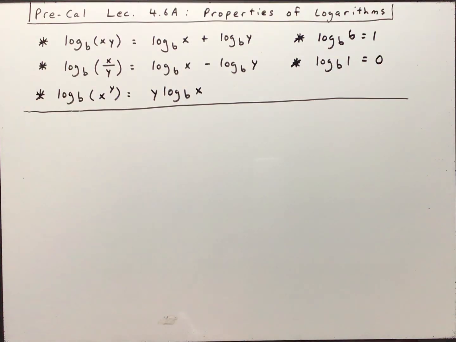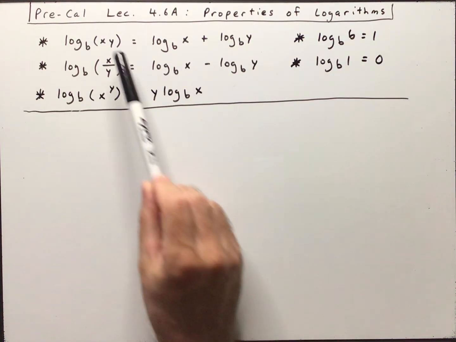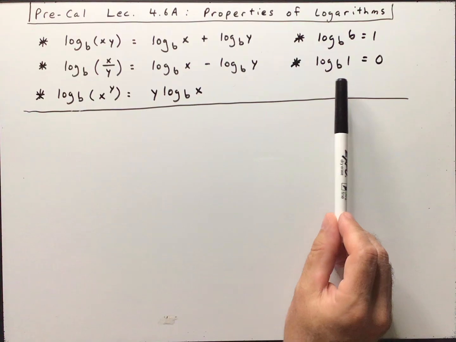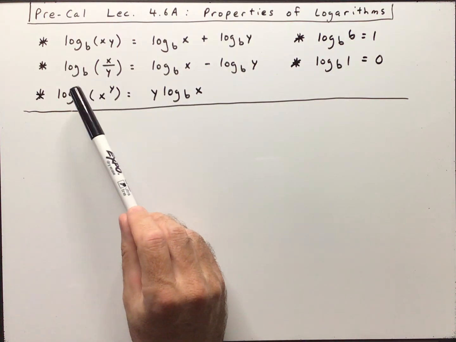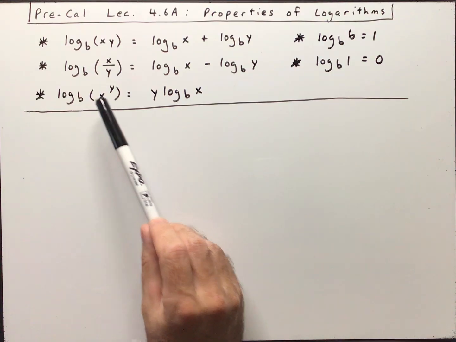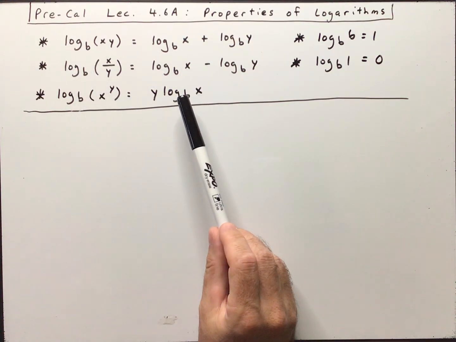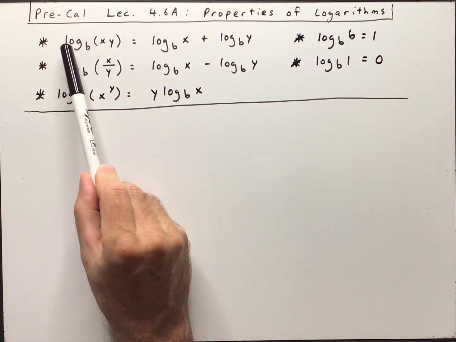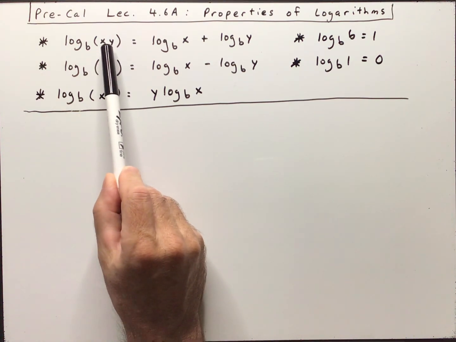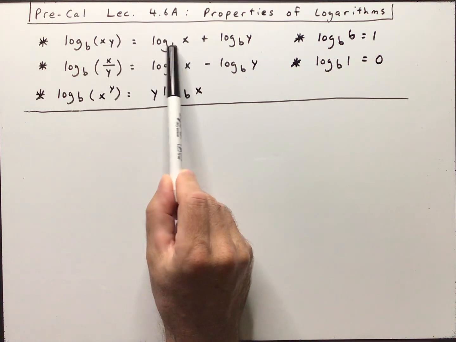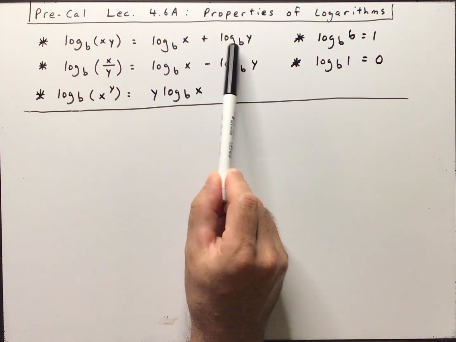I summarized them all on the board here, and they are on the first half of page 6 up at the top. All of the properties of logs that you have to memorize. So log base b of a product, so multiplication, you can split that up into log base b of x plus log base b of y.